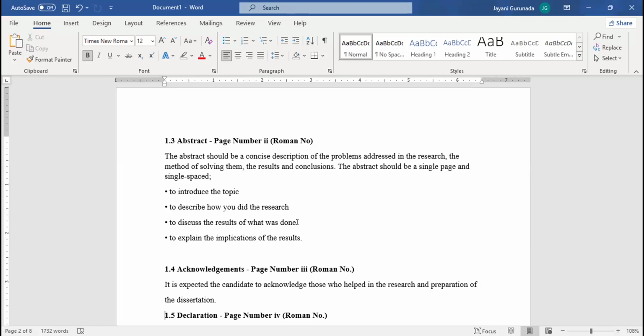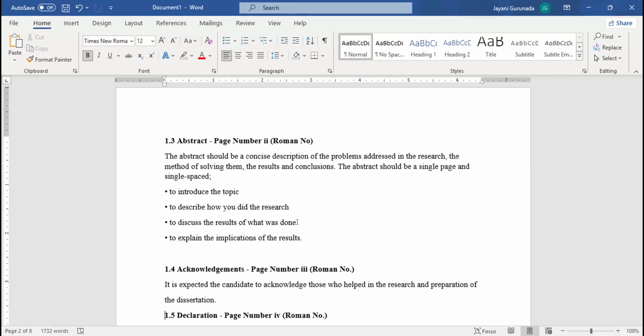Right. So then you have to introduce your topic. The abstract should be a concise description of the problem addressed in the research, the method of solving them, what's the method you used, the results and conclusion. The abstract should be a single page, single spaced.